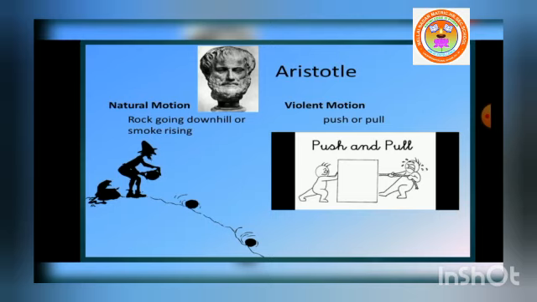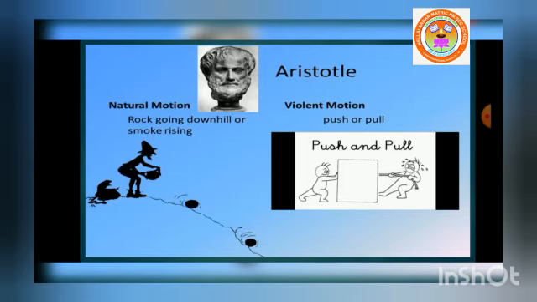Such motions are termed natural motion. Natural motion is also known as force independent. Here examples are given. A rock going downhill or smoke rising is an example of natural motion.